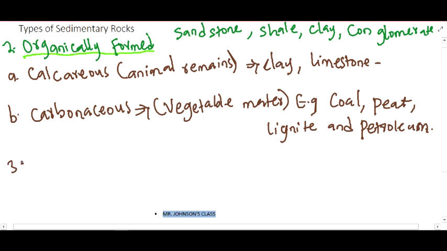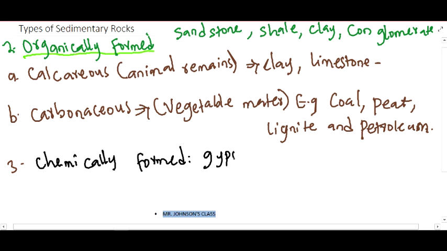And then finally, number three, we'll have chemically formed sedimentary rock. These chemically formed sedimentary rocks are more like rock salts. We get them from the precipitate of all these rocks. An example is gypsum.